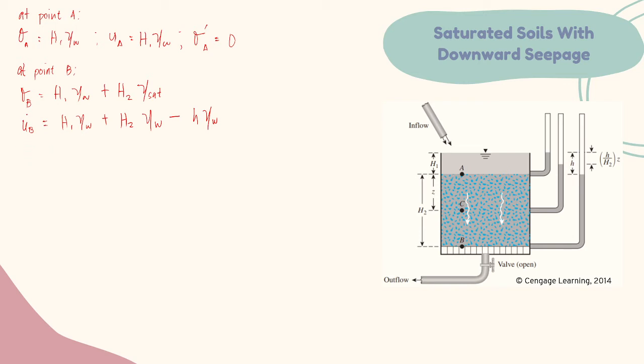So if we subtract the pore water pressure from the total stress, what we'll get is the effective stress. So this is equal to H sub 2 times gamma sat minus the unit weight of water plus H, or the head loss, times the unit weight of water.